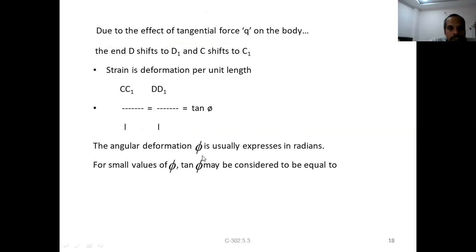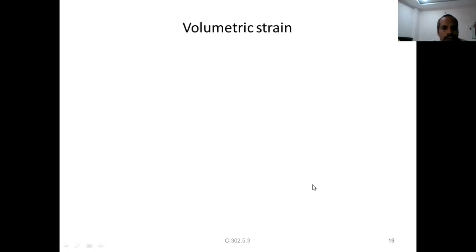When a body is subjected to this tangential force, the angular deformation or shear strain pi will be very, very small. So for small values of pi, tan pi may be considered equal to pi.